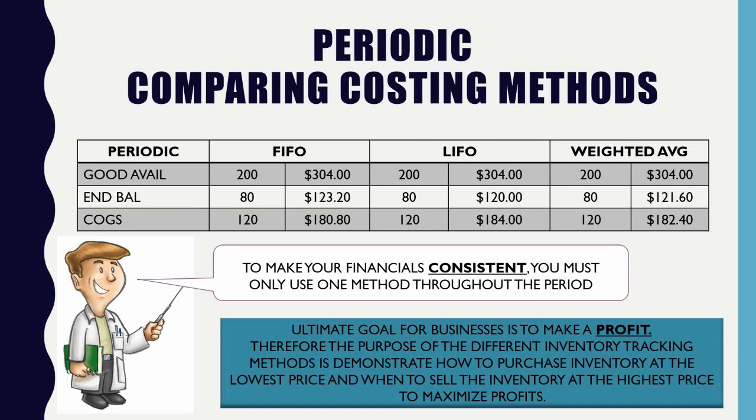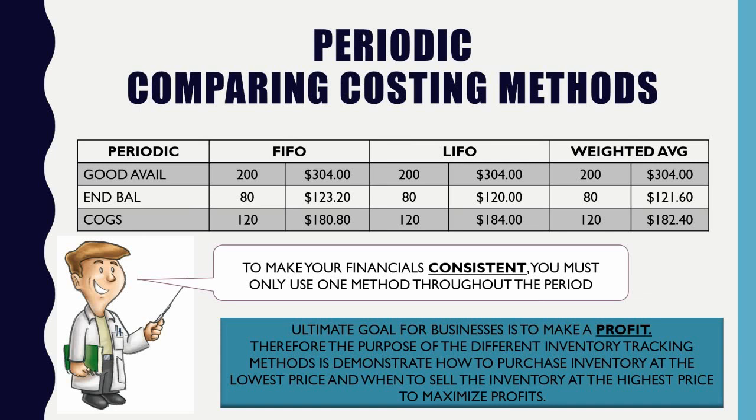Compared to LIFO, where we sell our later batches first, we get a cost of goods sold of $184. Average cost was right in the middle at $182.40.